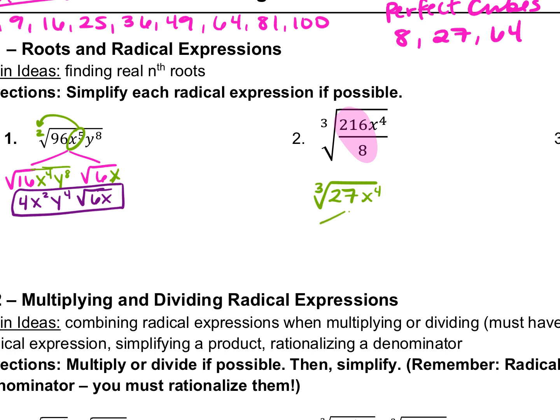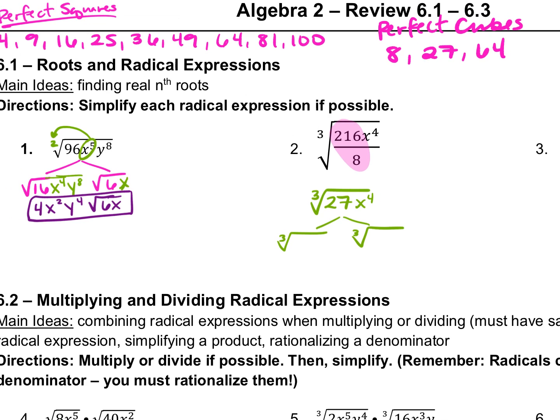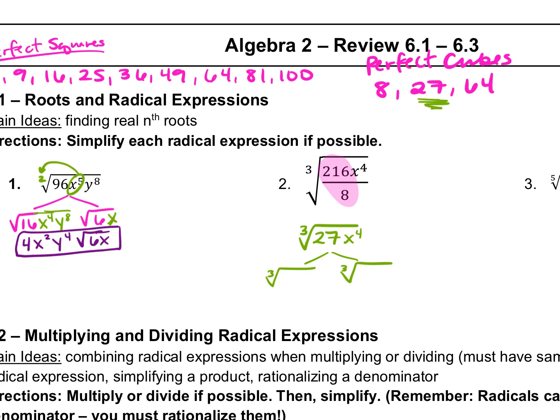Now we see, can we break that into something that is a perfect root and a non-perfect root? And if you recall, up here, we said 27 is a perfect cube. So that's going to go on the perfect side. That means there's nothing on the other side. It's a 1, essentially, which you don't need to write in. X to the 4th, we can do x to the 3rd, right?